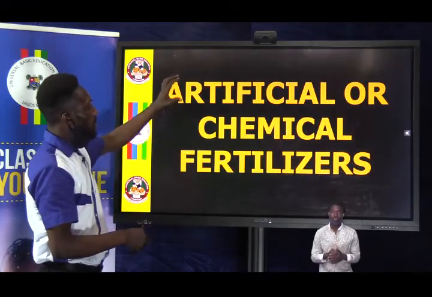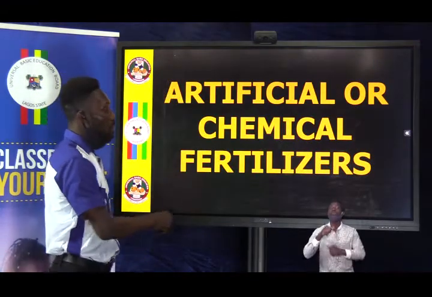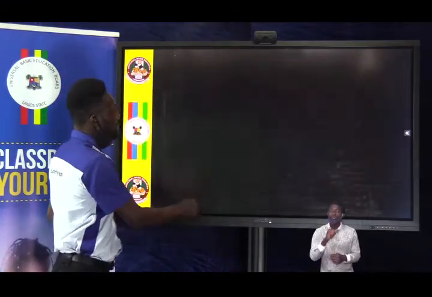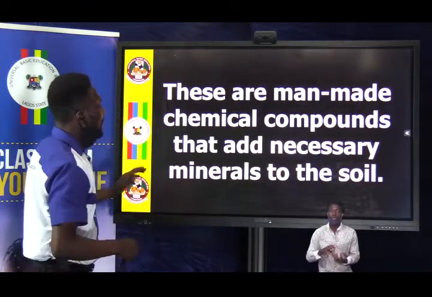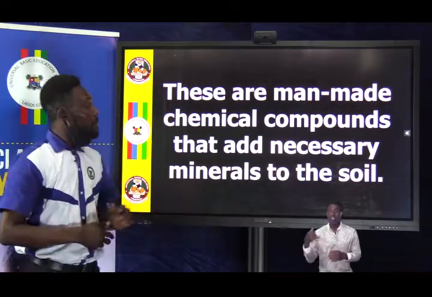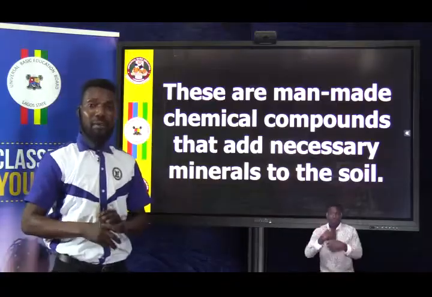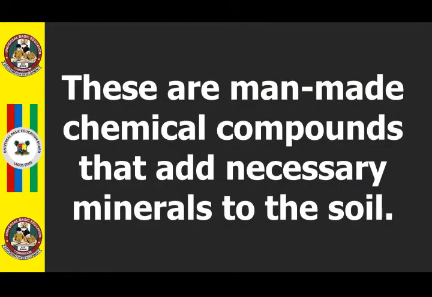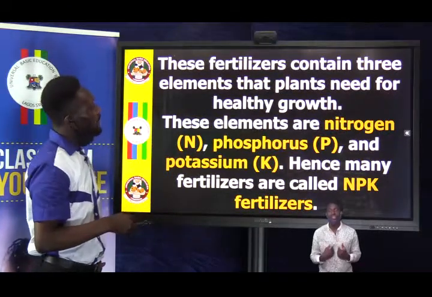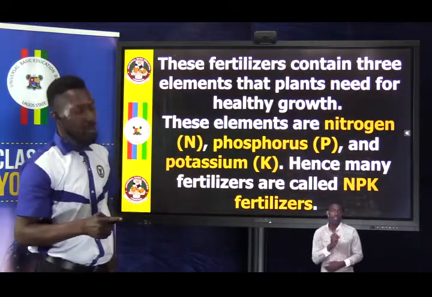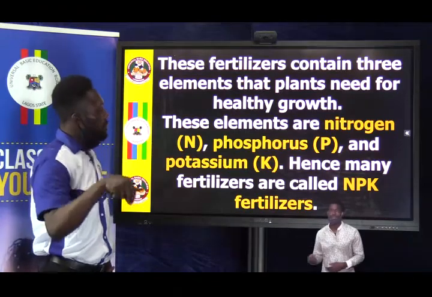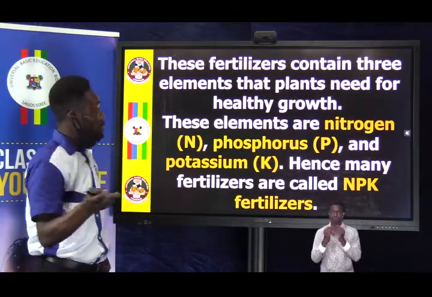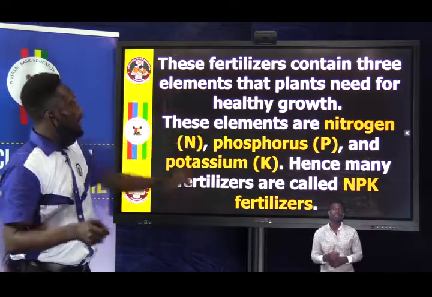But now let's talk about artificial or chemical fertilizers. Artificial or chemical fertilizers are man-made chemical compounds that supply necessary minerals to the soil. These fertilizers contain three elements that plants need for healthy growth. Don't forget, I'm still repeating the elements plants require.